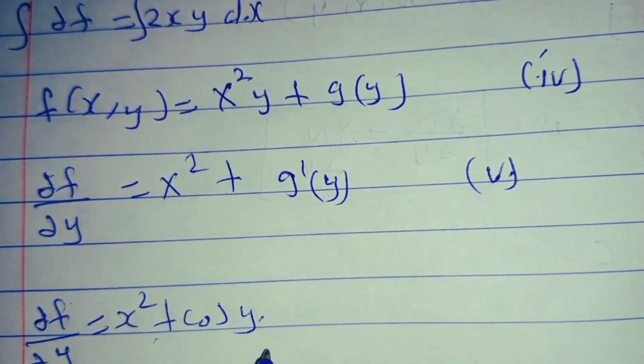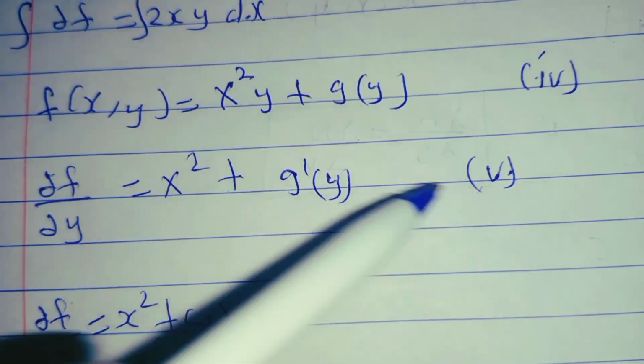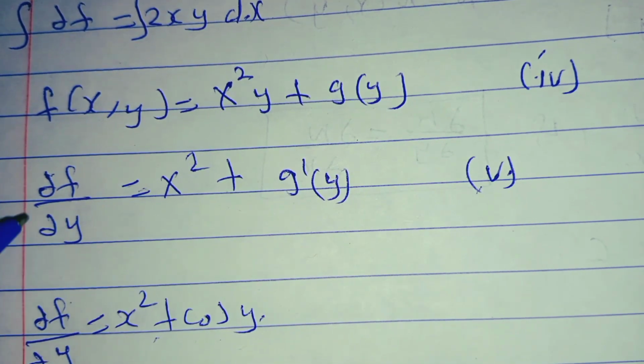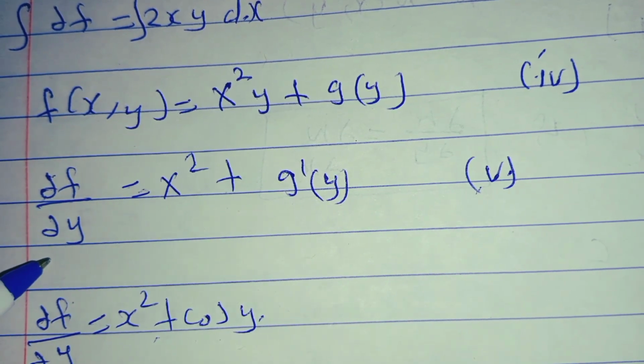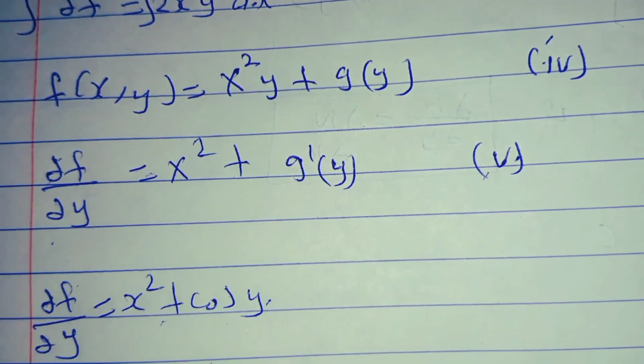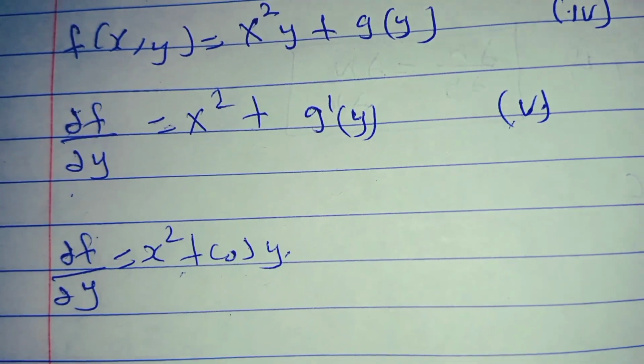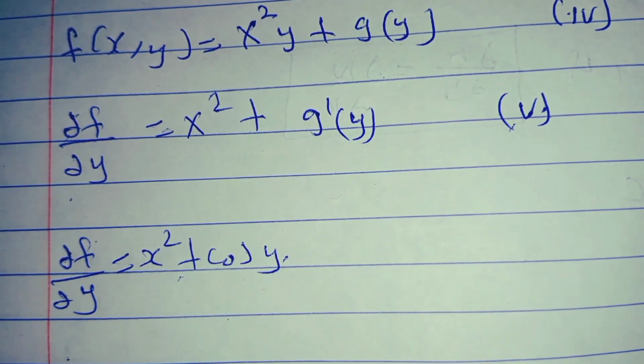I have written equation 3 here. When you compare equation 5 with equation 3, you can see on the left side we have df over dy. They are equal, so we are going to equate the right hand sides.